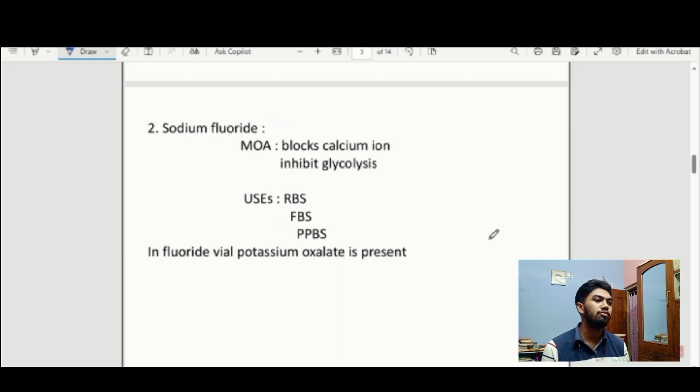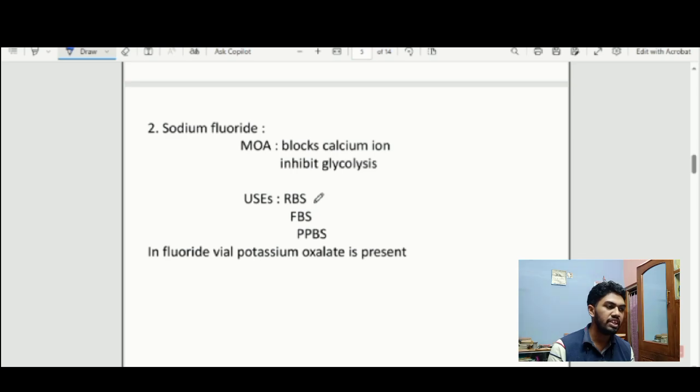Next we come to sodium fluoride. Sodium fluoride means the grey vial. Along with sodium fluoride, the grey vial contains potassium oxalate. What is the mechanism of action of sodium fluoride? Sodium fluoride blocks glycolysis. Glycolysis is a process where glucose is broken down and converted into pyruvic acid.